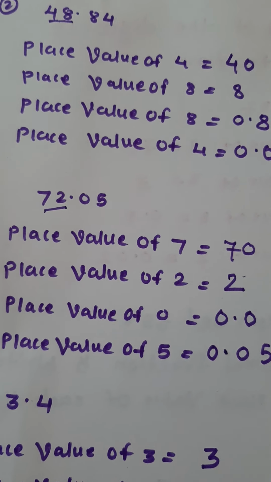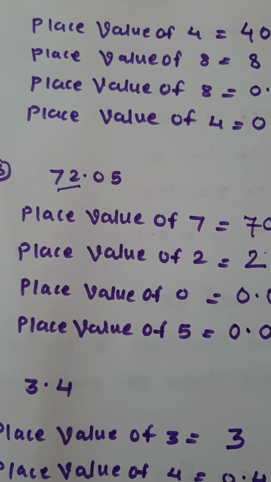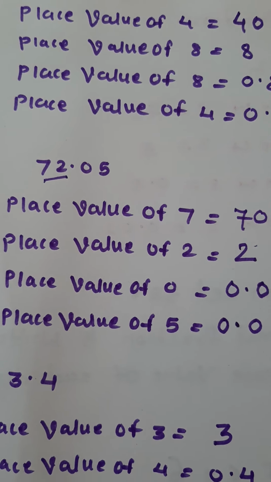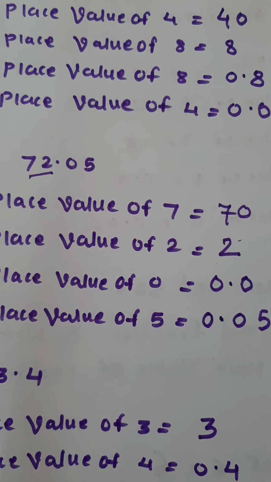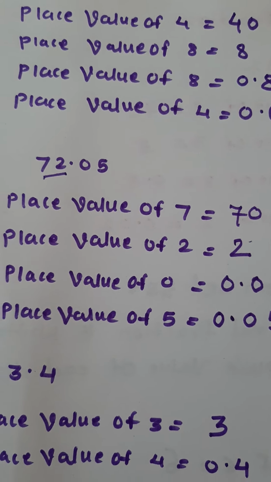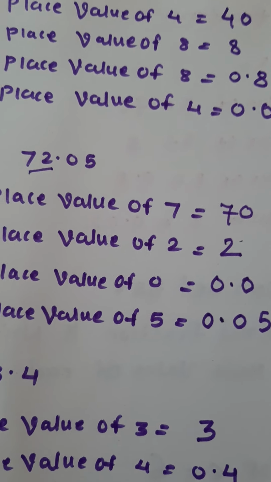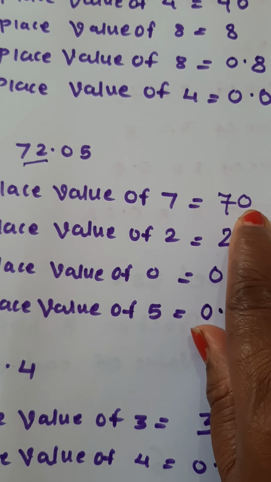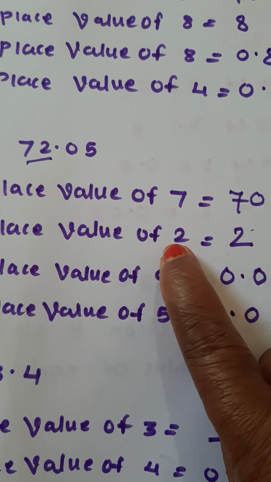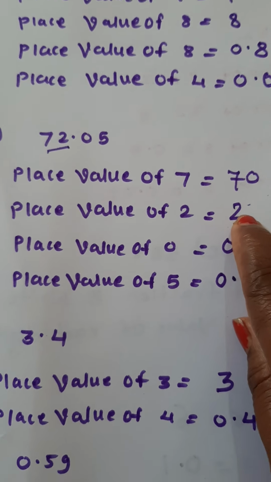Let's see the third example, 72.05. Here 72, 70 plus 2, means tens and unit place. It is as usual. We are writing the place values of our regular numbers. So 7 is present at tens place, so place value is 70. 2 is present at unit place, so place value is 2.